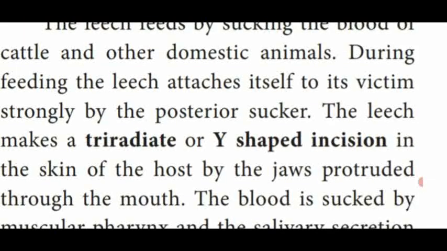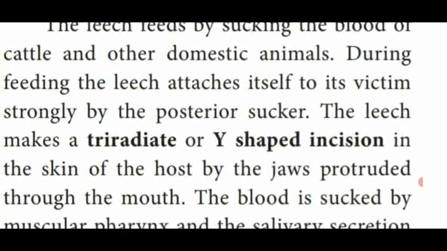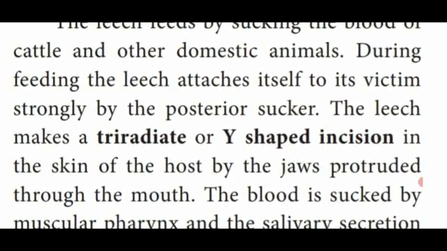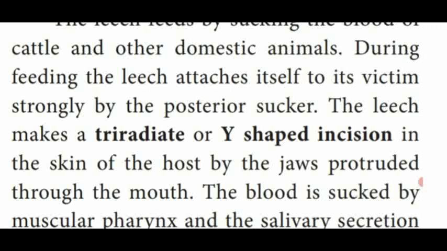Then the leech makes a triradiate or Y-shaped incision. That means with the help of the sucker, it is attached to the body of the other animal, and it makes a mark in the body of the other animal. The shape of the mark is a Y-shaped incision.